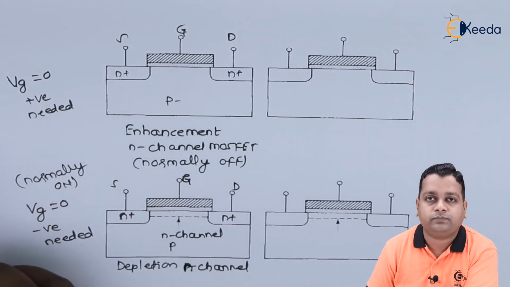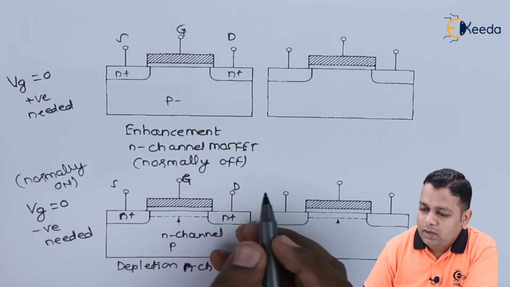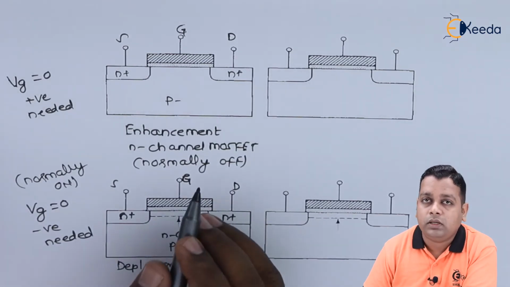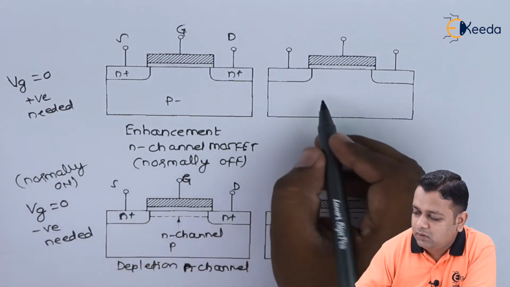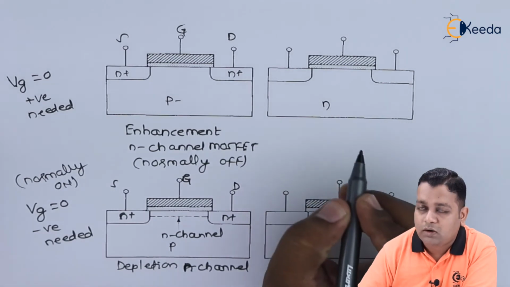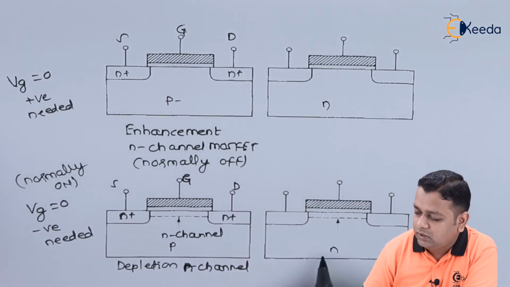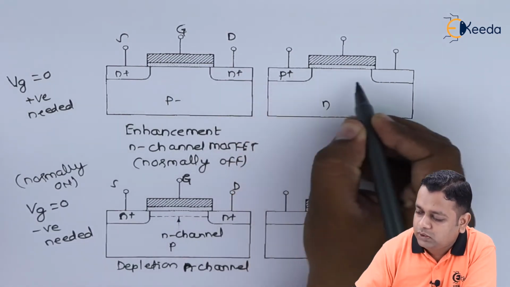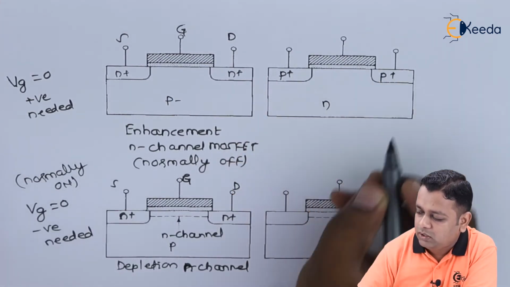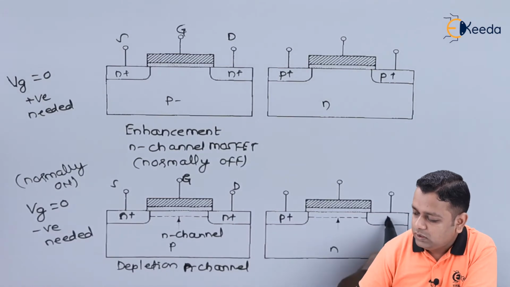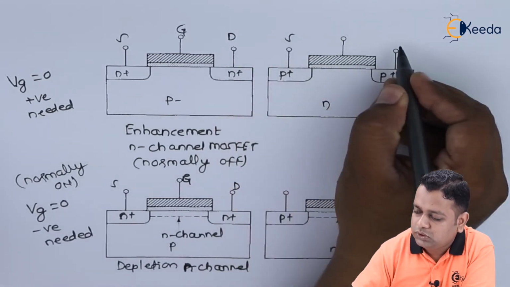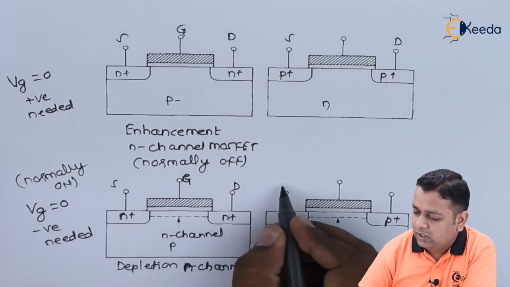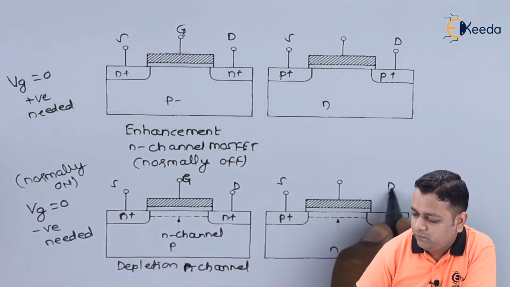normally on here. On the other hand, if we swap the semiconductor materials, here we take the n-type semiconductor substrate, here also n-type semiconductor substrate. Here we have the heavily doped regions with respect to the p-type semiconductor materials. So these are corresponding to the source and the drain terminals at both the cases here.